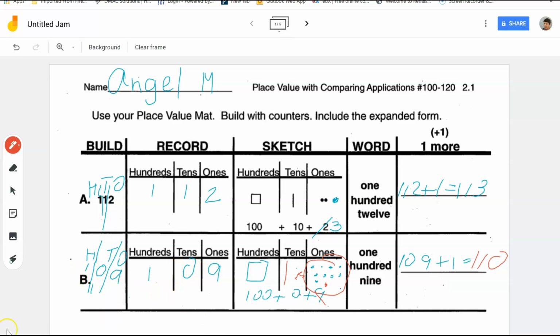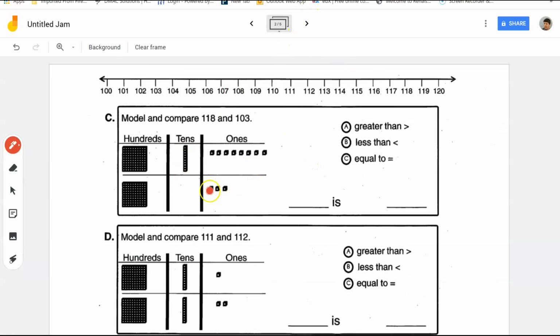Okay. So now let's move on to our next page. And look at this. It says model and compare 118 and 103. So we're gonna start with the first number. Let me change my pen color. So we have 118, and we're gonna sketch 118.